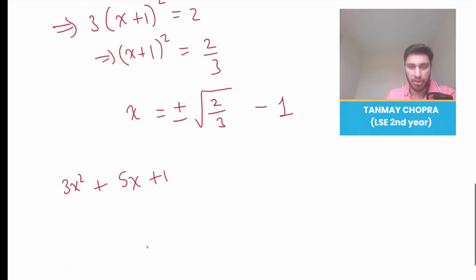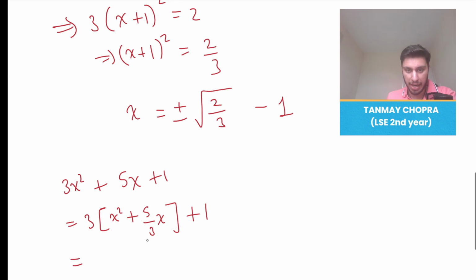Then I know I need to get rid of 3, even though 3 and 5 do not have a common factor. So this is equal to 3 times (x squared plus 5 over 3 x) plus 1. Now what do I do? I of course halve the b term, which is this one, so that would be 5 over 6. So this is the same as 3 times (x plus 5 over 6) in brackets, squared, and I subtract the square of this term.